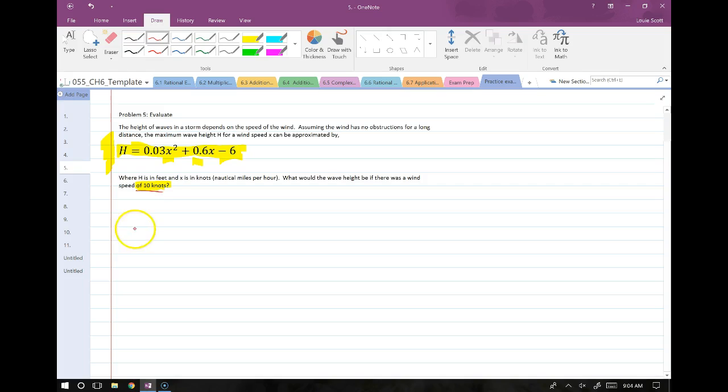Okay, so to do that, we just say h, that's what we're solving for, equals 0.03 times 10 squared. We plug it right in and leave our parentheses there, plus 0.6 times 10 minus 6.